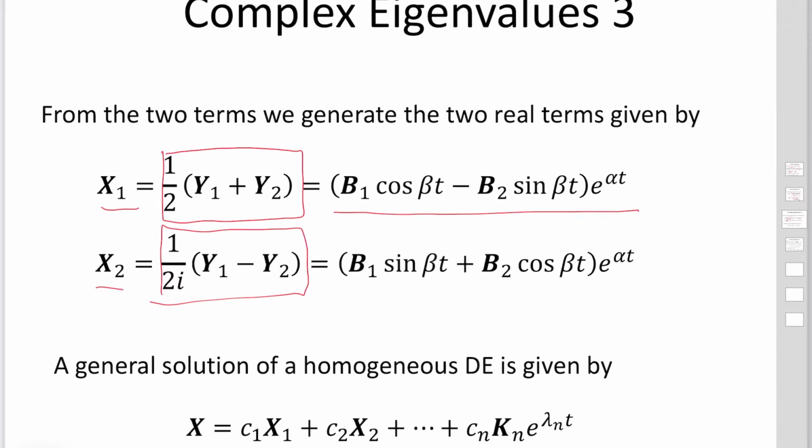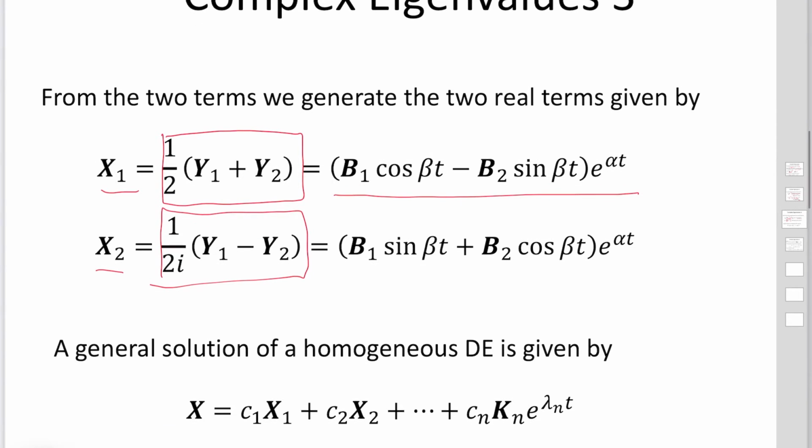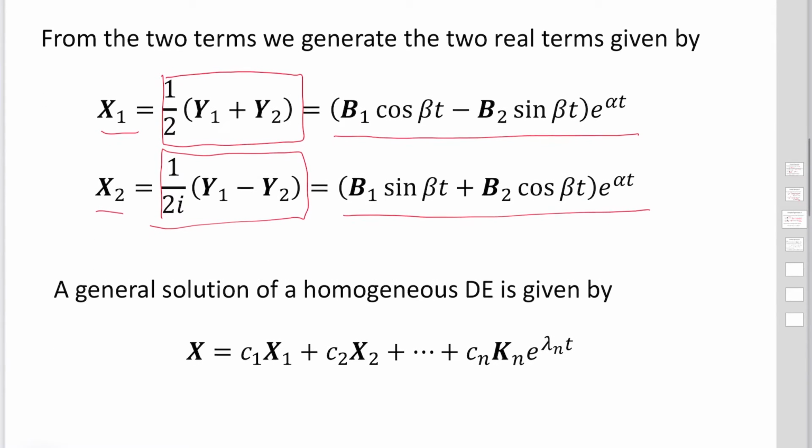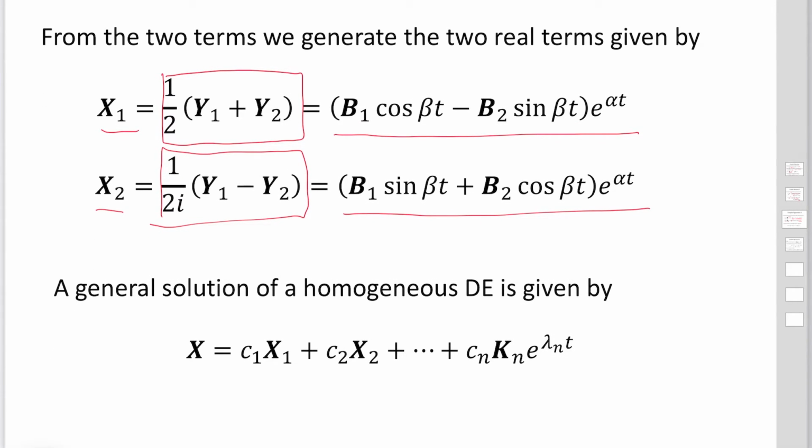This is the definition of x sub 2. The equation is expressed as b sub 1 sine beta t plus b sub 2 cosine beta t, times exponential alpha t. So y sub 1 and y sub 2 are complex functions, but they transform into the real functions x sub 1 and x sub 2. Using these real functions, we can express the general solution of the homogeneous differential equation, and then all the terms are expressed with real functions.